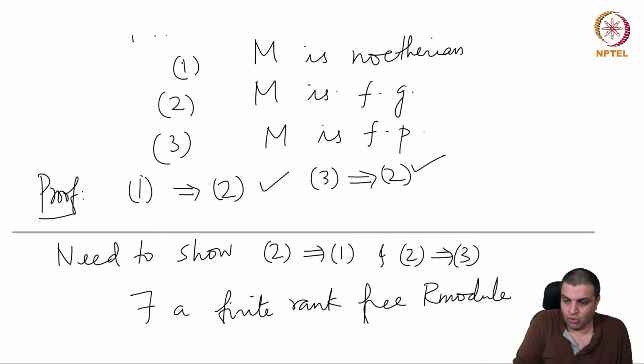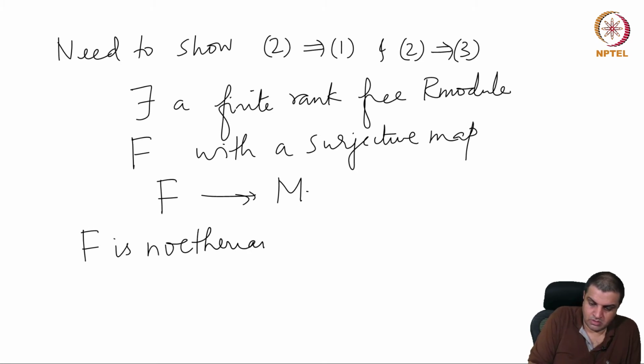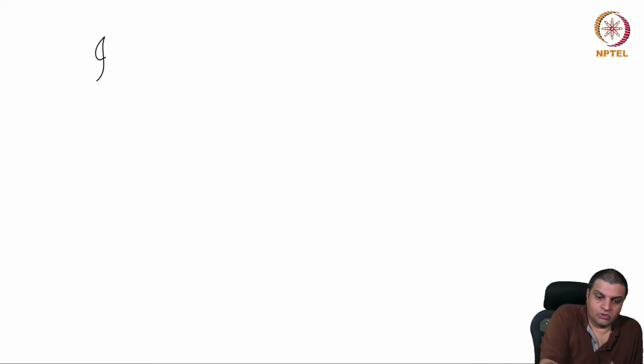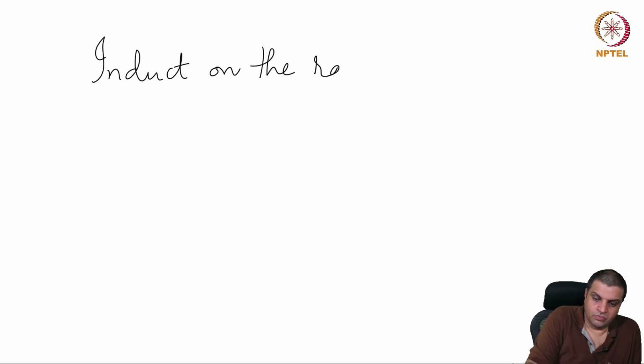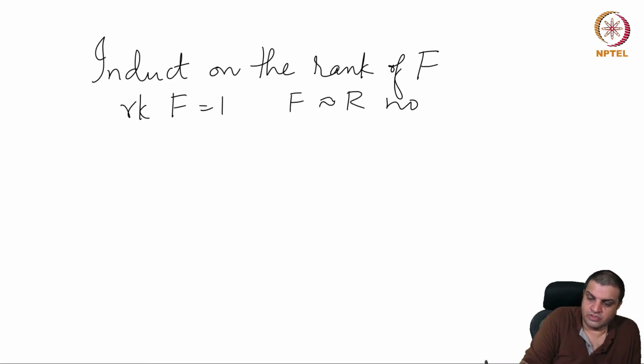Okay, so the first observation that we would like to make is that F is Noetherian. Why is that so? We induct on the rank of F. If the rank of F is 1, then F is isomorphic to R, which is Noetherian.